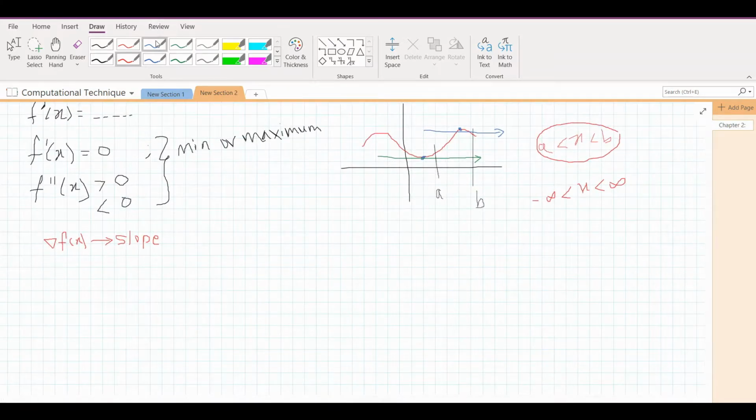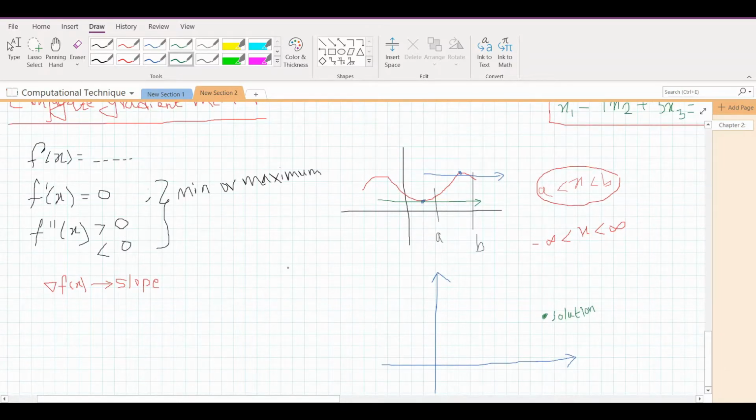Let's say your solution lies here somewhere. This is not a direct method to solve it, so we have to do it iteratively. Let's assume our initial value of x is somewhere here.